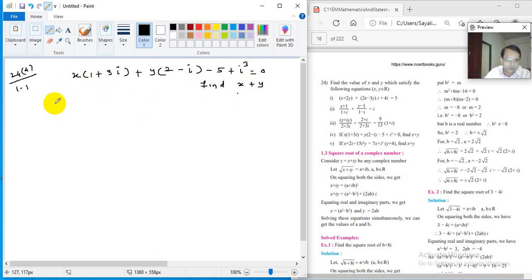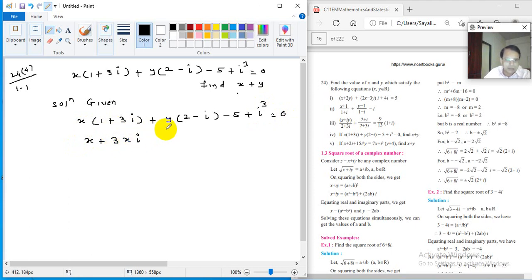What is given: x(1 + 3i) + y(2 - i) - (5 + i)^3 = 0. Now take the product. x into 1 is x, and x into 3i is 3xi, plus y into 2 is 2y, minus yi, minus 5 and plus i cube.